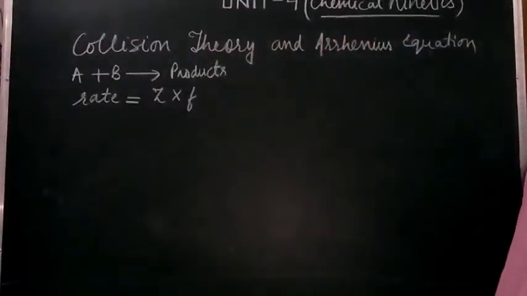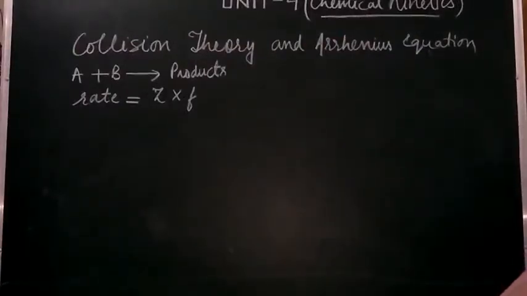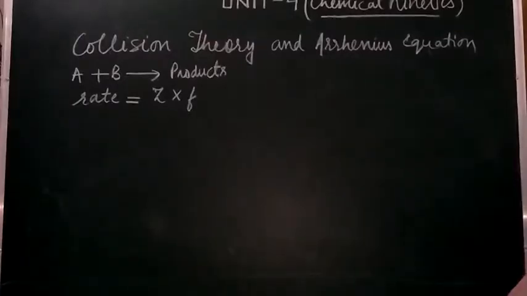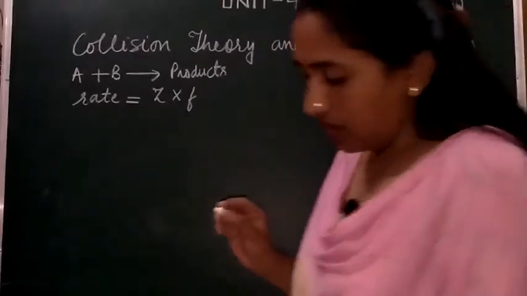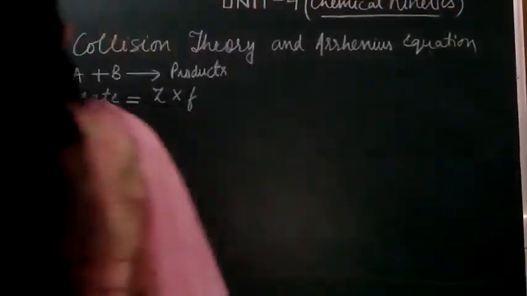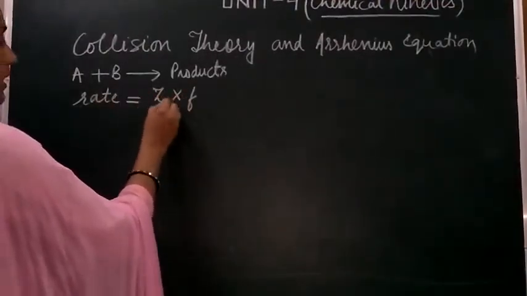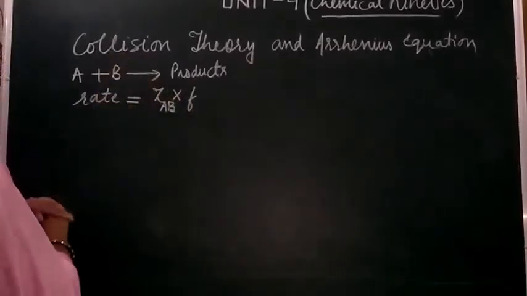Now, how can we find the relation here? For that, we will express this fraction F, and here Z is the collision frequency of the reactants A and B.